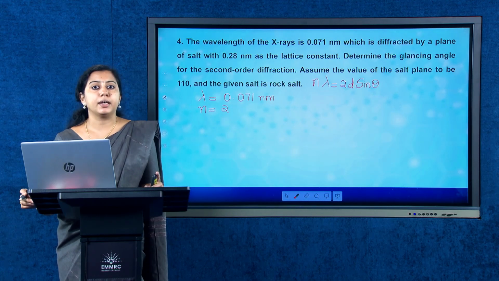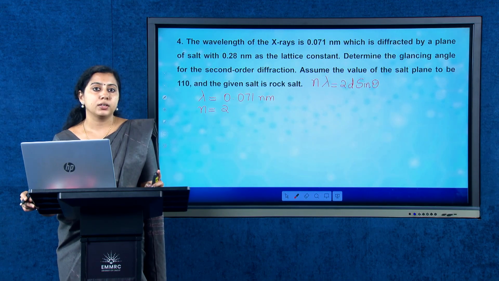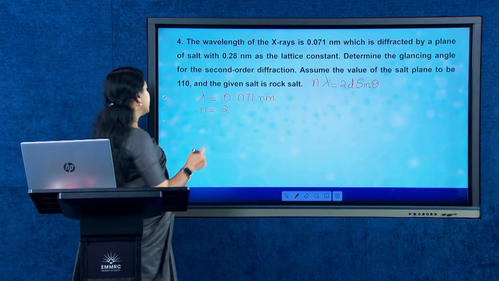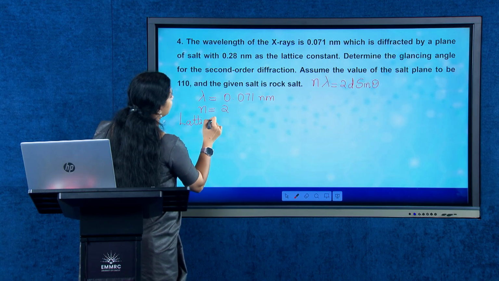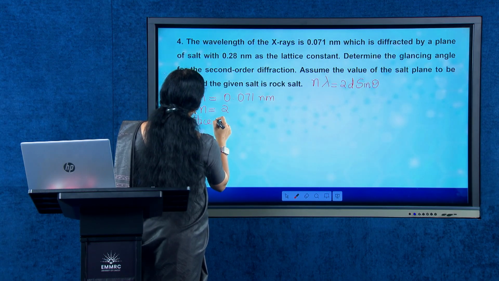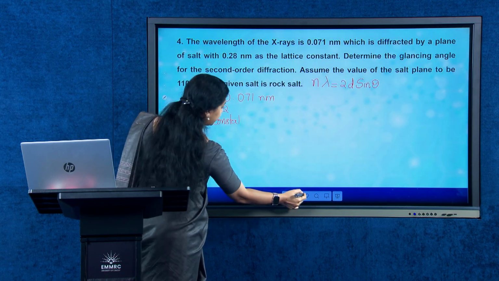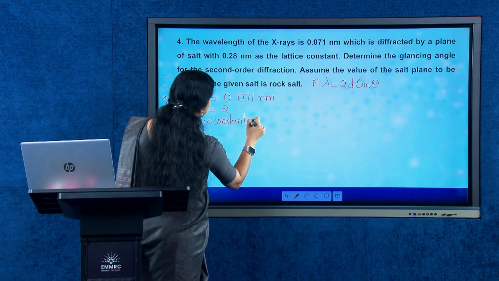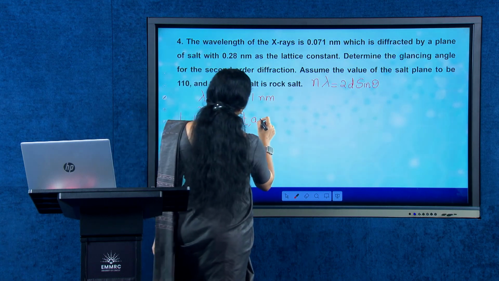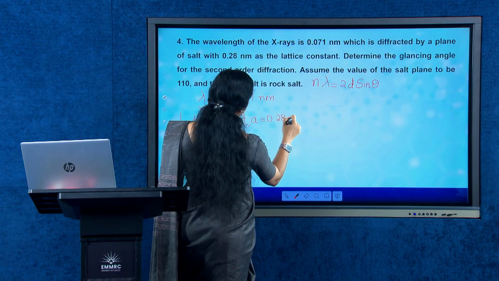It is given that the plane of salt has a lattice constant of 0.28 nanometers. So, the lattice constant is A, and A is equal to 0.28 nanometer.